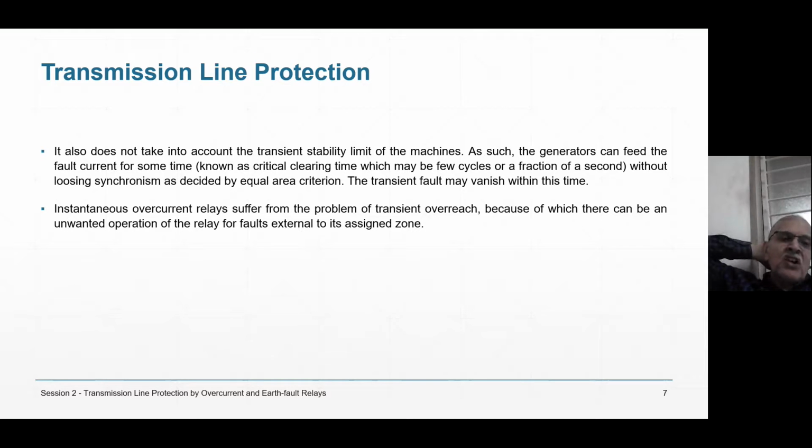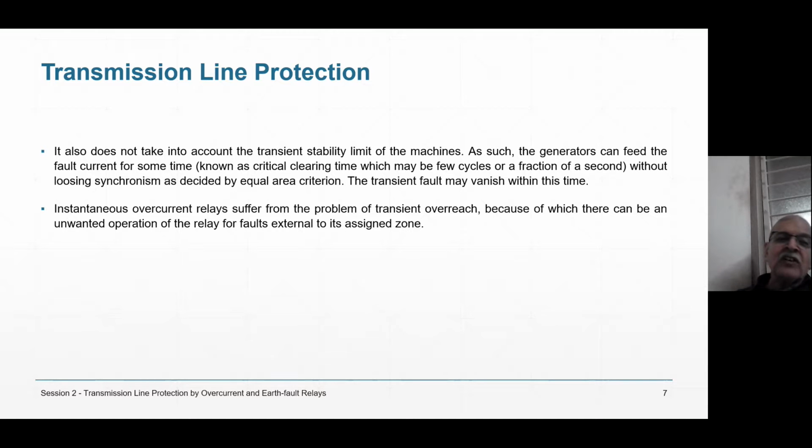So CD is the third line, and R3 is the relay. So for R3, the ZS is from generation up to R3. So line AB is also considered in ZS, line BC is also considered in ZS. So ZS is very large. And ZL is just CD, 40-kilometer long line.